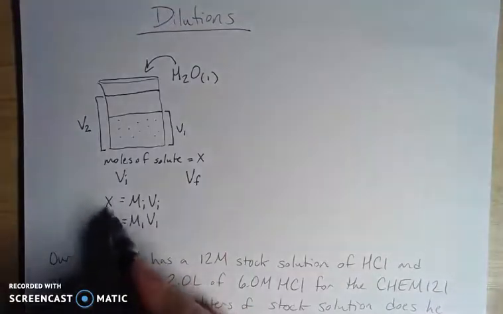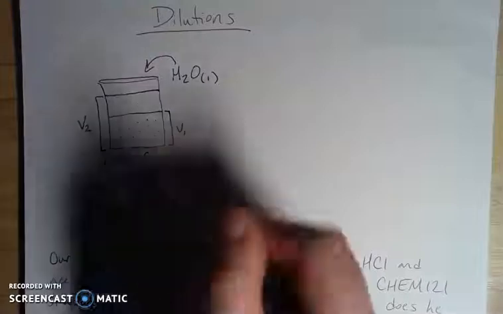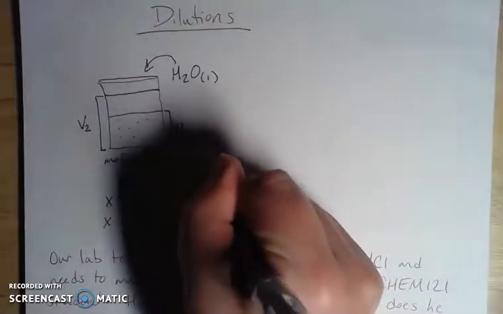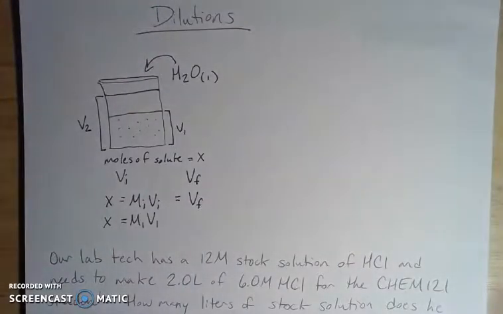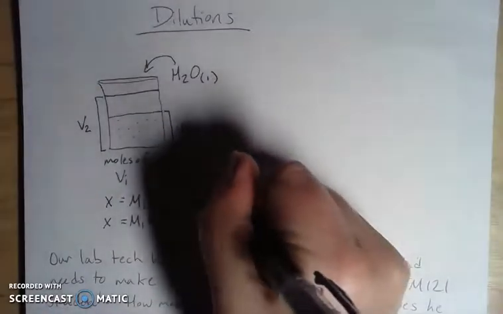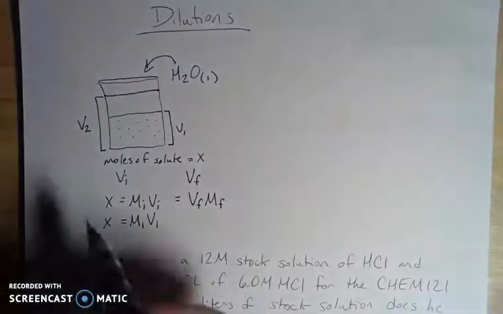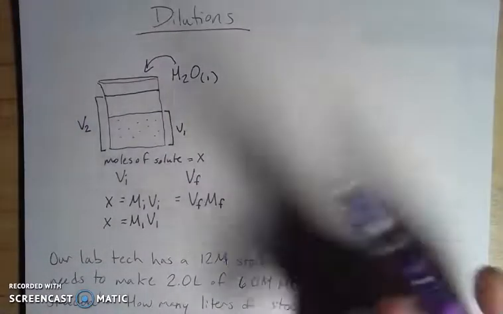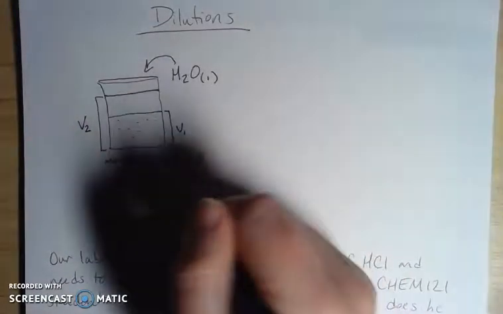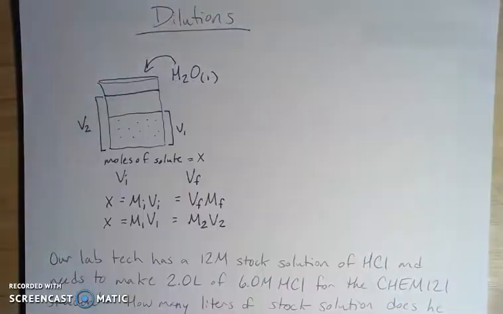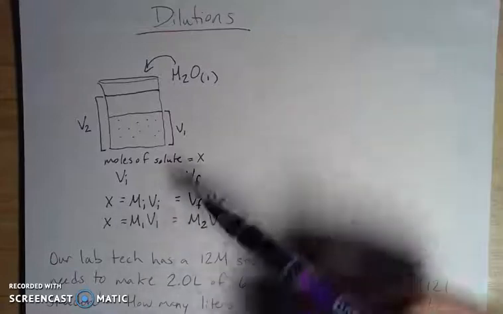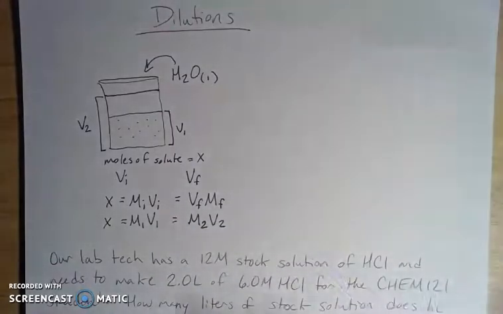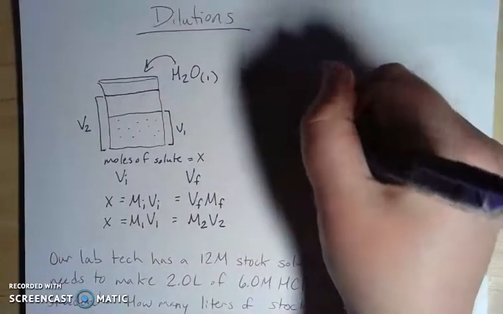But since that's still equal to X, then whatever my V final is times whatever that new concentration is, M2V2, is still going to equal X, because I didn't change the amount of particles that I had in solution.